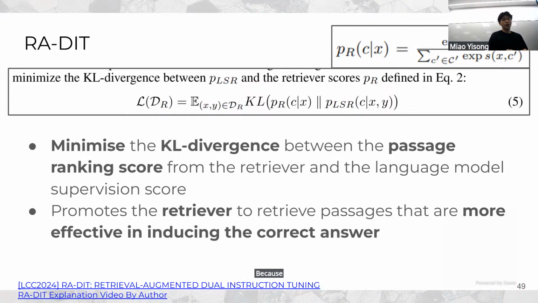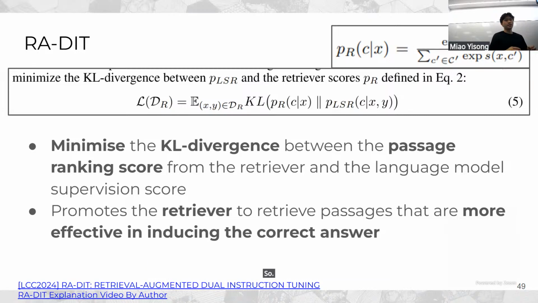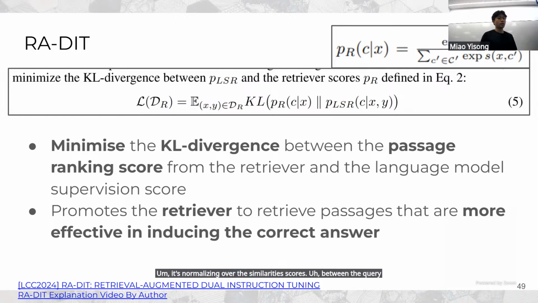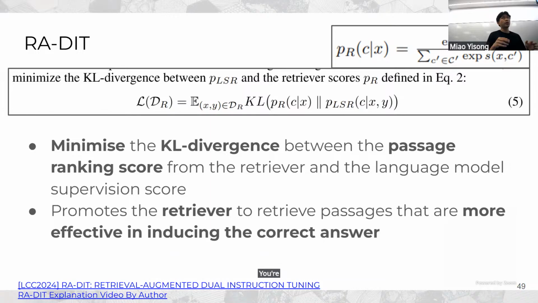The PR is calculated here, where S is taking a dot product between X and C. So you can think of it as normalizing over the similarity scores between the query and the context chunk. By taking the KL divergence, you're trying to align what the language model needs with what the retriever retrieves.